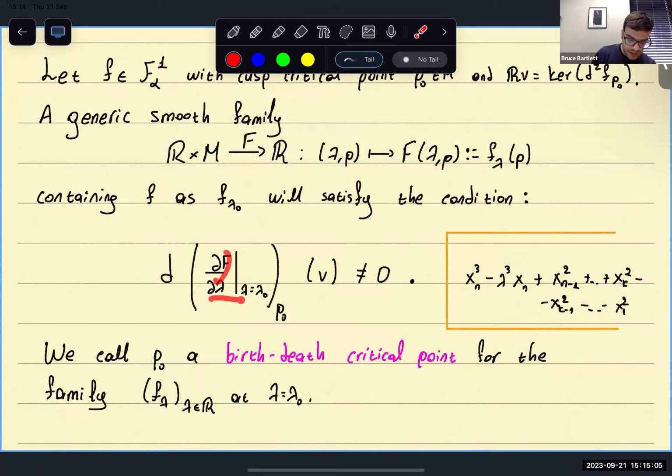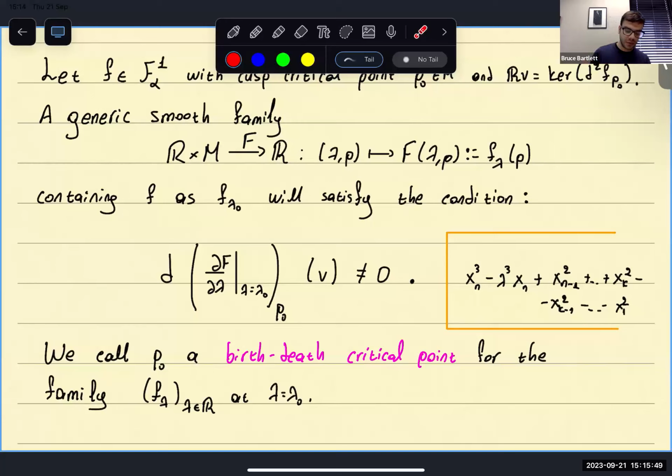Being a cusp critical point is only a condition I defined for maps to the real line. And I want a condition for how the path will generically behave when it crosses a cusp critical point. I haven't given you anything to specify that yet, and that's the condition I'm writing down here.